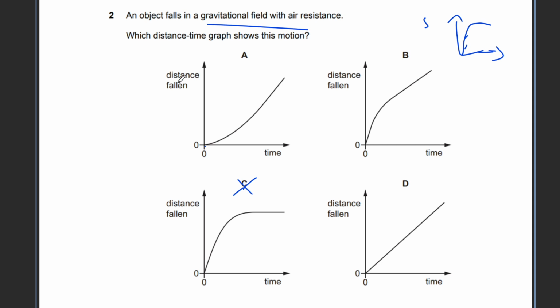The gradient of a distance time graph will give you the speed, right? So for A, the gradient here is increasing, and then it will come to a constant value later on, which matches the speed time graph, because now the gradient is also increasing, which means speed is increasing, and then it will come to a constant. So A will be the correct answer.